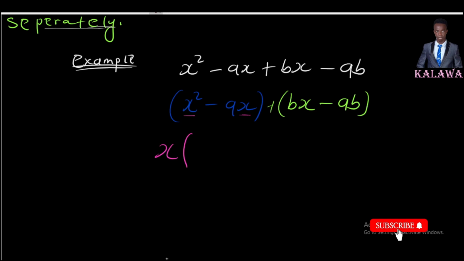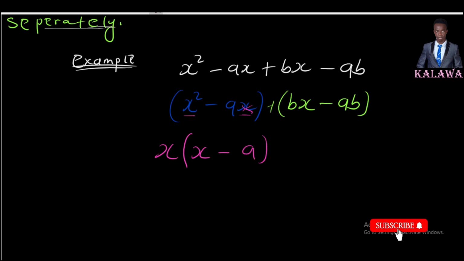If you take one x out of x squared, just one x remains. And for the second term, if we take x out, nothing remains of x there, so we are only left with minus a.